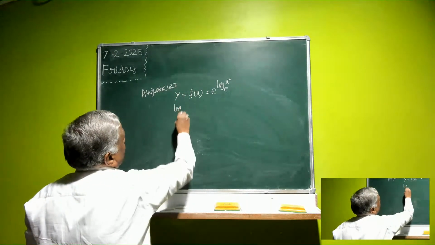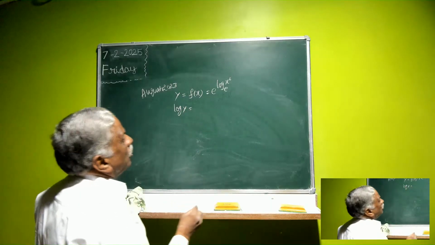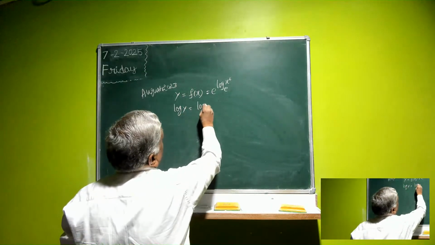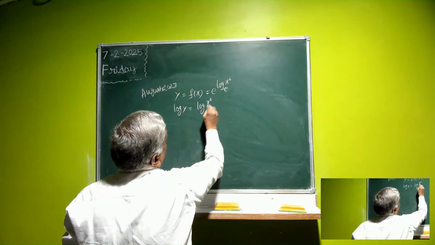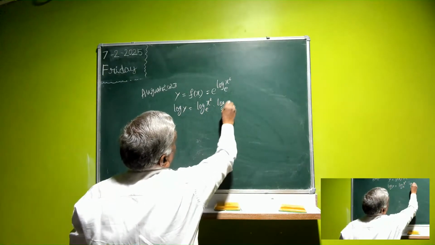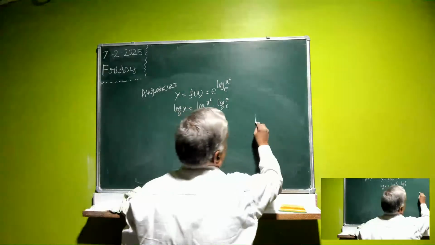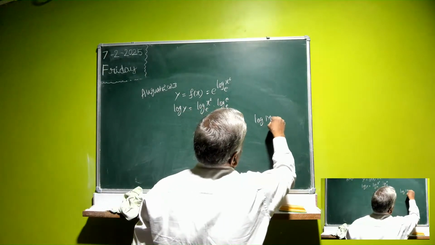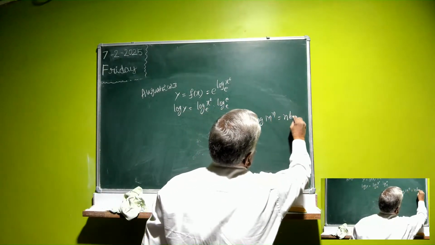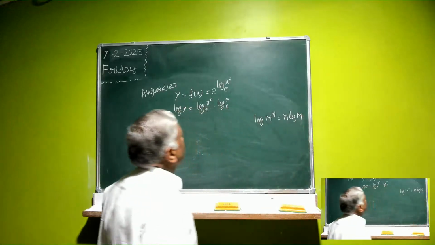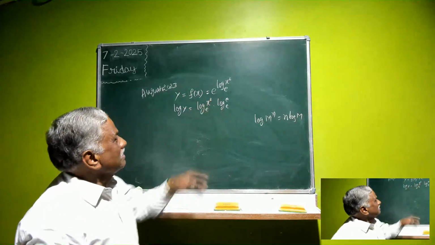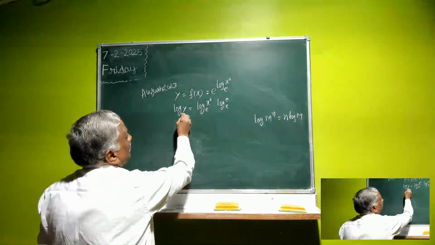Take log on both sides. Log y is equal to log x square to base e times log e to base e, because log of m power n is n log m. Because they have given base e here, I use e only.